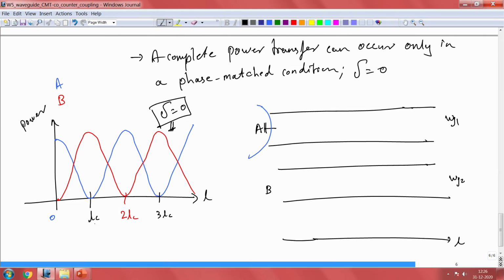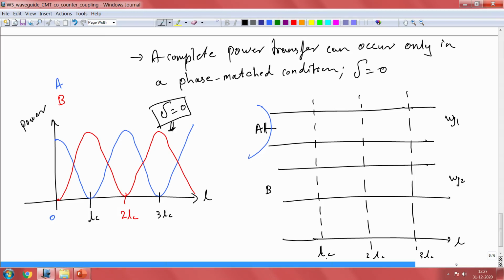When the length is LC, all the power is now in B, so that means light is now completely off. Let me draw a line here, this is LC, and then you have 2 LC, and then say 3 LC. I launched it in the upper waveguide.